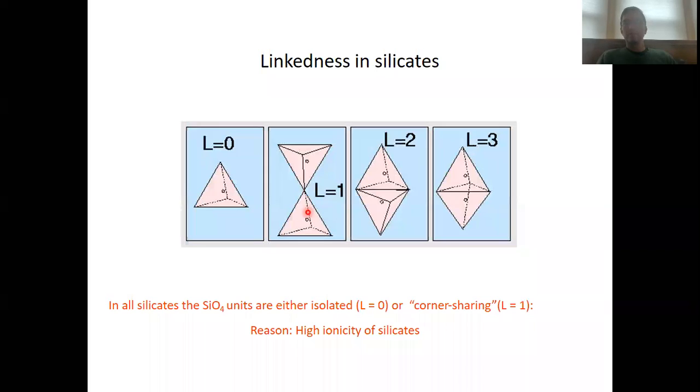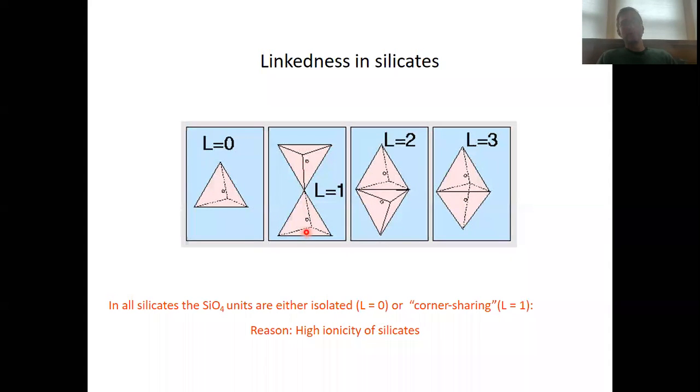So in practice, only L equal to 0 and L equal to 1 are realized in silicates. So silicates never edge share and they also never face share. The reason for that is the relatively high ionicity in silicates. Because of that, the centers of the tetrahedra where the silicon resides are highly positively charged.